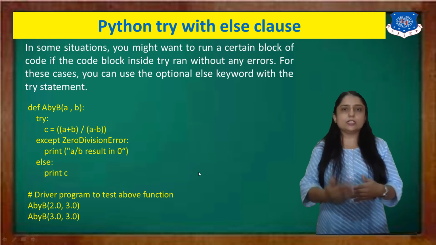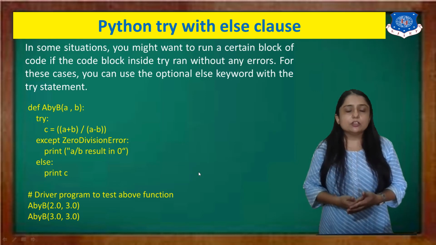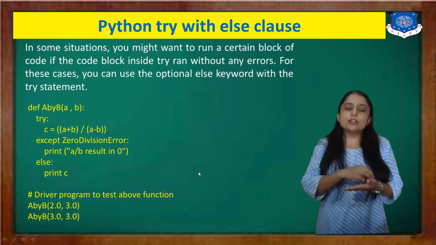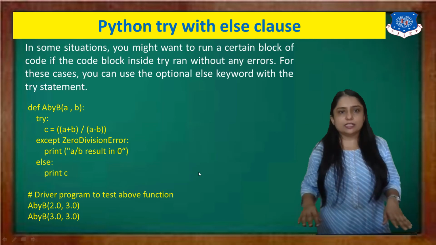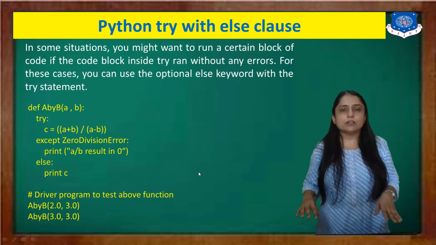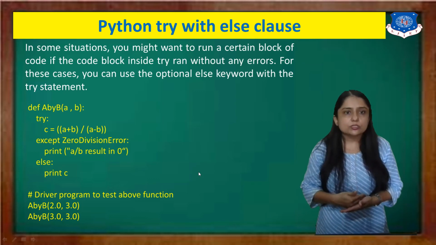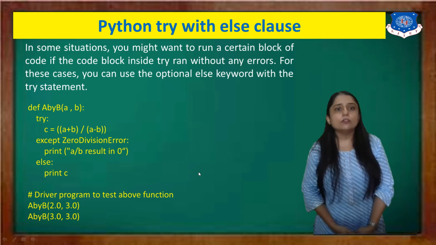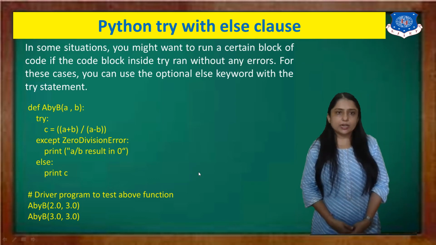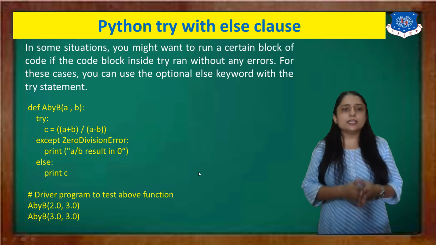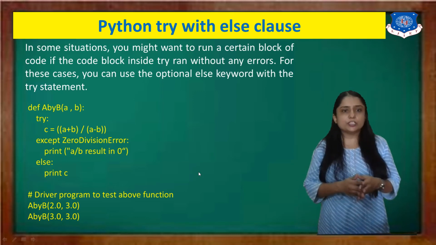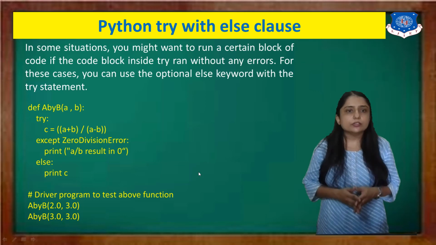So I'll write the else statement. First it will check if my try block is correct, that there is no exception, then the program will directly jump to the else clause and print the value of c. Alright, so when I run this, we first pass the two values, 2 and 3.